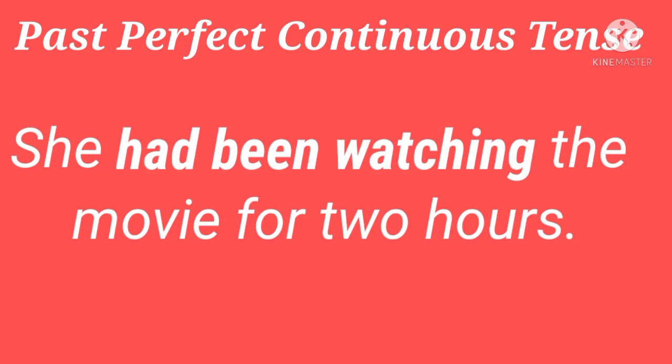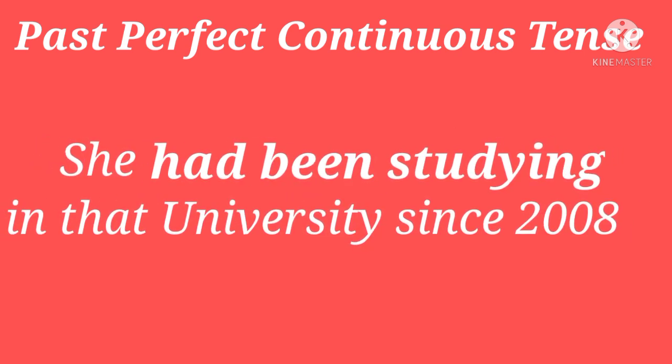Here, had been watching expresses the ongoing action that started in the past and continued for some time in the past. So, had been watching is the past perfect continuous tense. Next example, she had been studying in that university since 2008. Here, had been studying is the past perfect continuous tense.